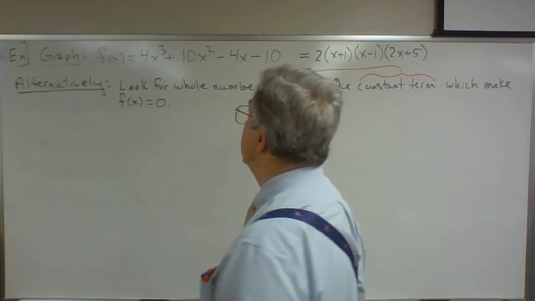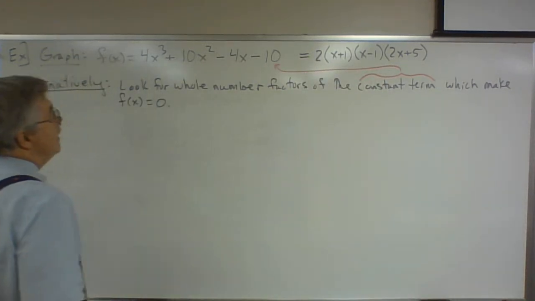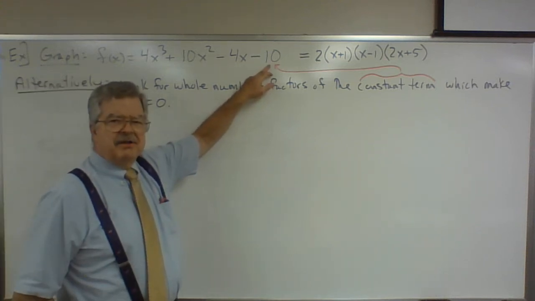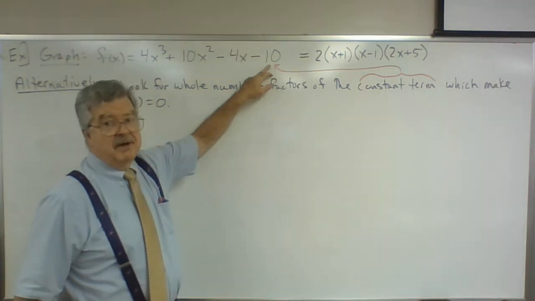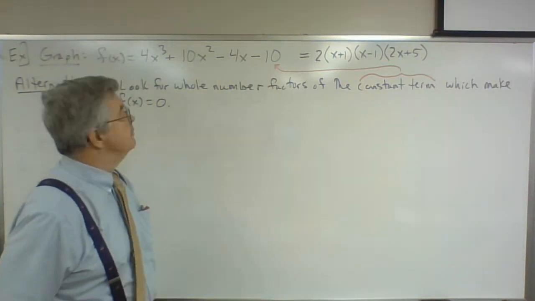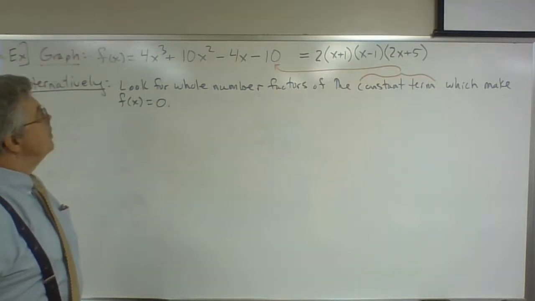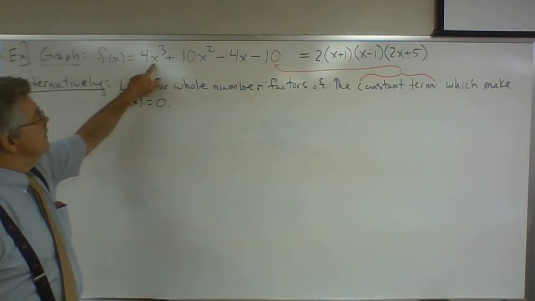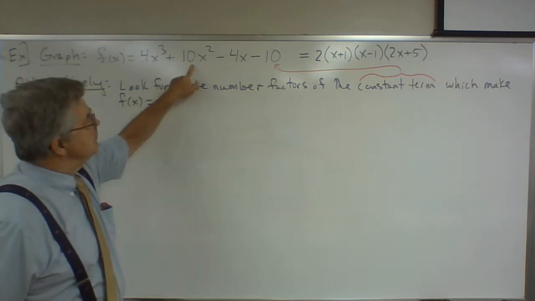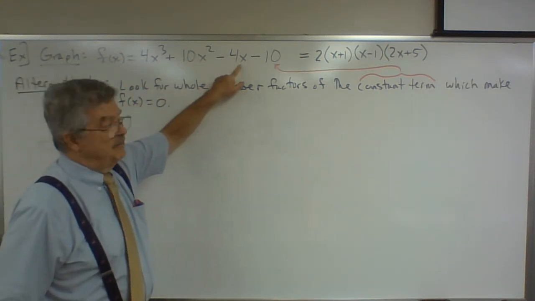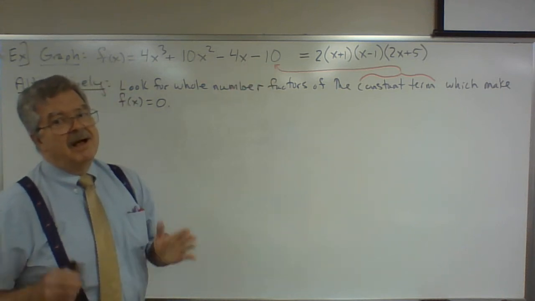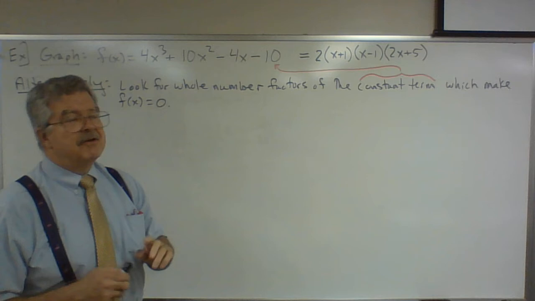So, the factors of -10 are plus or minus 1, plus or minus 2, plus or minus 5. Let's see what happens. If I plug in x equal 1, I get 4 plus 10 is 14, minus 4 is 10, minus 10 is 0. We hit the jackpot on the first try.